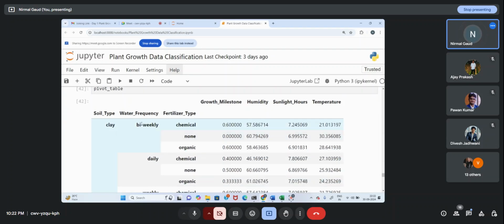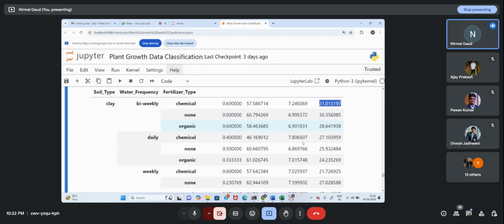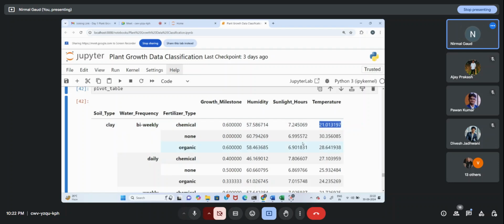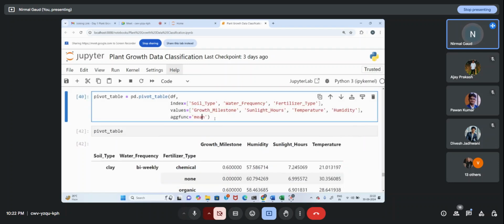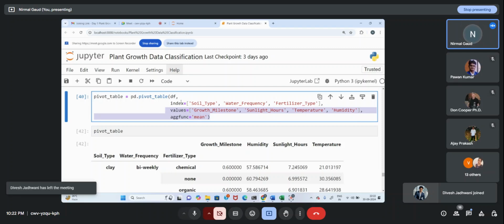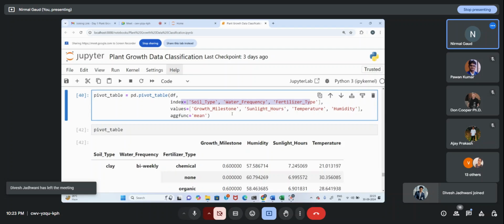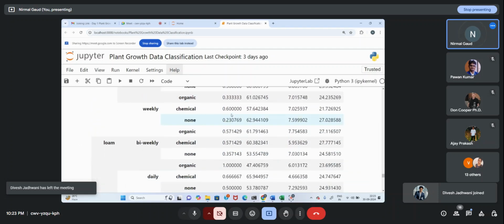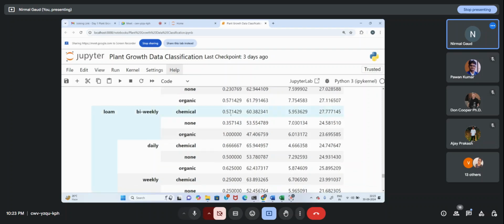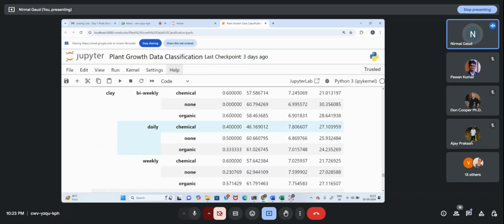So for soil type clay, water frequency bi-weekly, chemical fertilizer, the growth mean is 0.6, and humidity, sunlight hours and temperature have these mean values. This pivot table is a very good pivot table to talk about the mean values for all with respect to the index values. The entire table I made in one go itself.